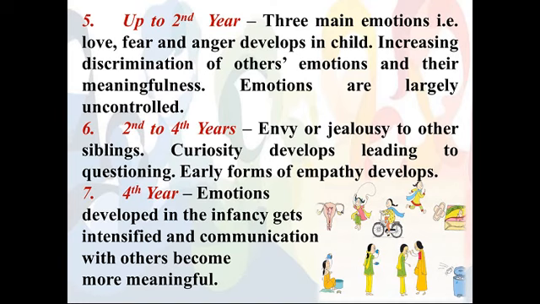When an individual is manifesting some type of emotion, the child starts comprehending what that individual wants to say through it, and the meaning of particular emotions. And up to that stage, emotions are largely uncontrolled.